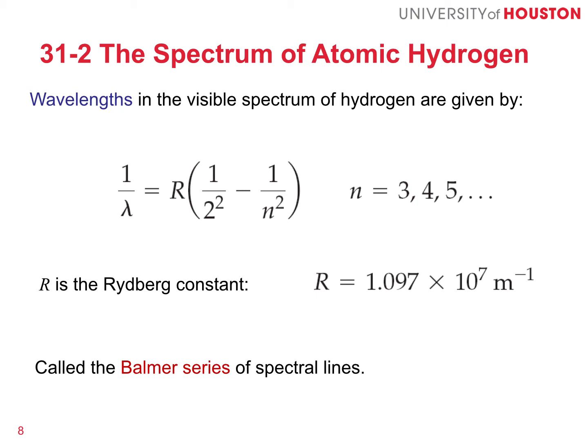This is referred to as the Balmer series of spectral lines, and this Rydberg constant R is equal to 1.097 times 10 to the 7 inverse meters.